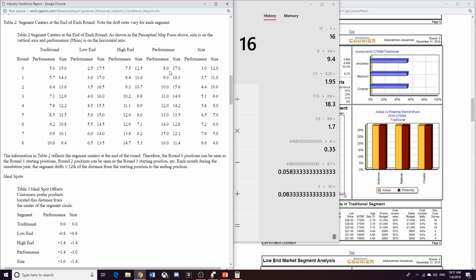So you say, okay, I want to know what is gonna be the performance that customers want in the middle of the round, because I want my product to be positioned in the middle, because I think that is better. So we said that it is actually 9.4, not 8, what customers want, because remember, 8 plus 1.4 is 9.4.